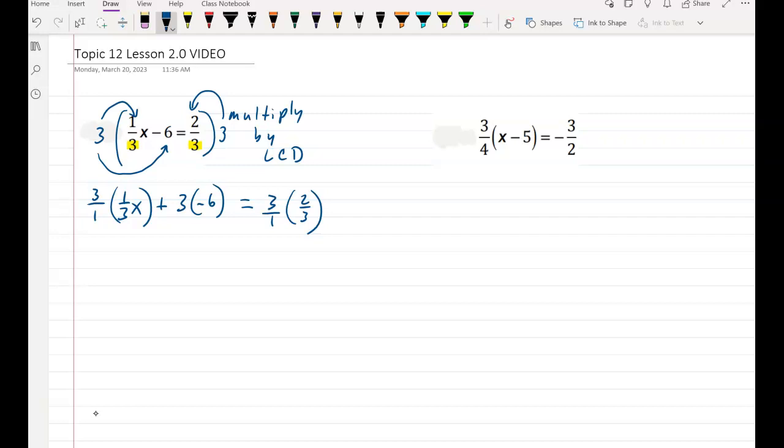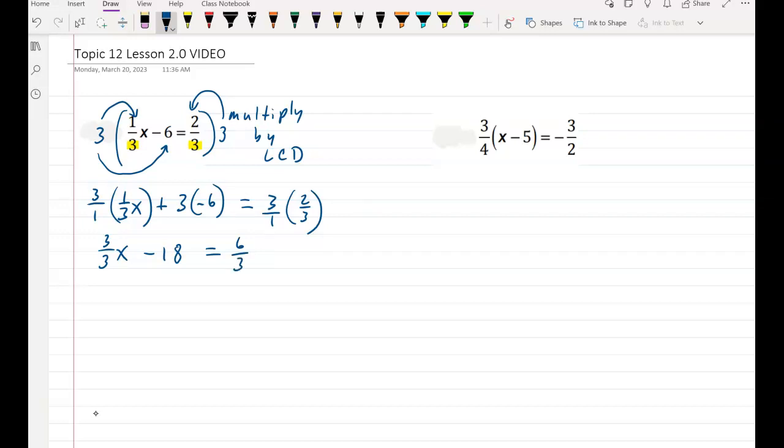Now, 3/1 times 1/3 is 3/3 x, and then 3 times negative 6 is negative 18, so plus negative 18, that's just minus 18. And 3/1 times 2/3, that's 6/3. So multiply fractions straight across.